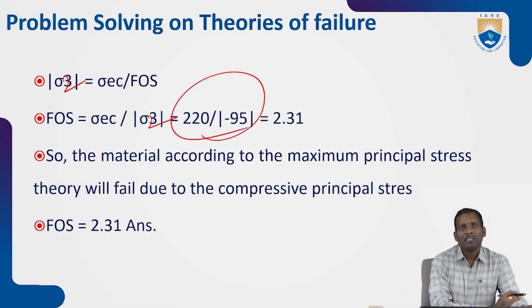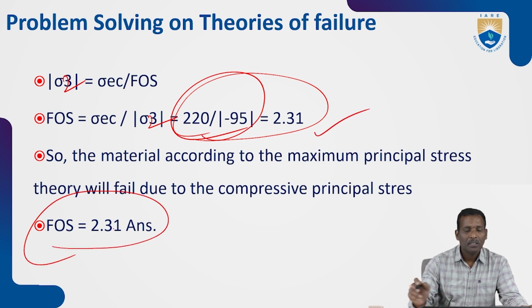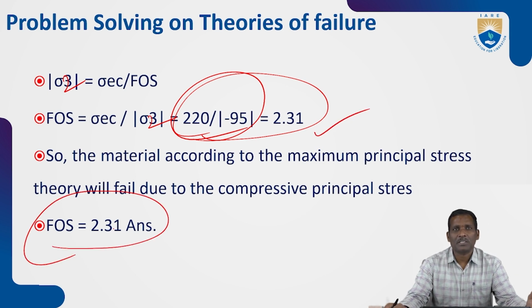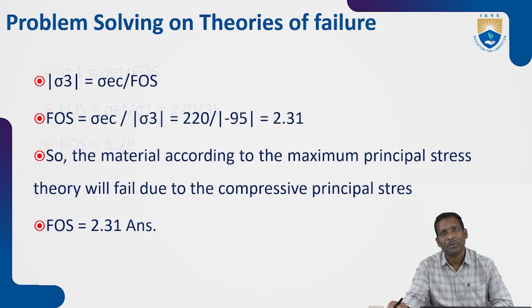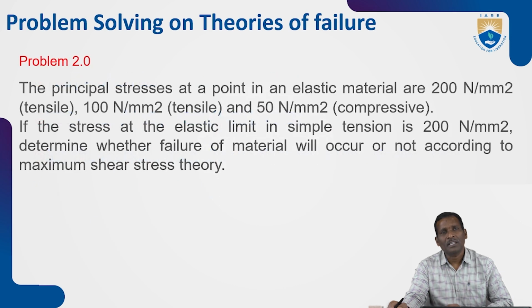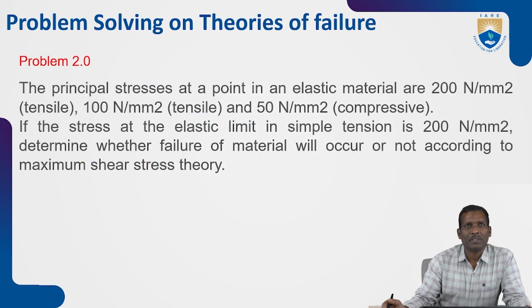The elastic limit stress is 220. So 220 upon 95 gives a factor of safety of 2.31. So according to the maximum principal stress theory, the factor of safety is 2.31, whereas without applying any theory it is 6.28. Clear? Like this, you need to calculate the factor of safety.